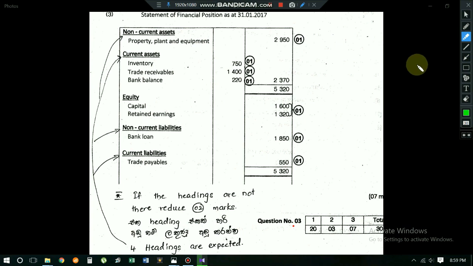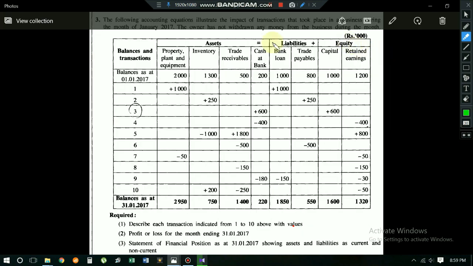Preparation of SOFP is very simple. Why? In SOFP we know we have assets, capital and liabilities. Here you can find assets, capital and liabilities under the classified method, and the examiner gave you the closing balances of that as well. So it's a very simple requirement.